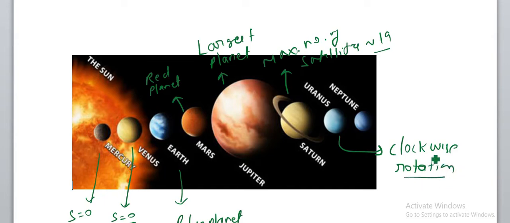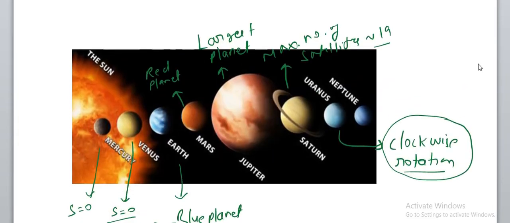Okay, so all the other planets, they move in anti-clockwise direction, while this Uranus is the only planet which moves in a clockwise direction. So these are some important facts that we need to know about the planets, right?